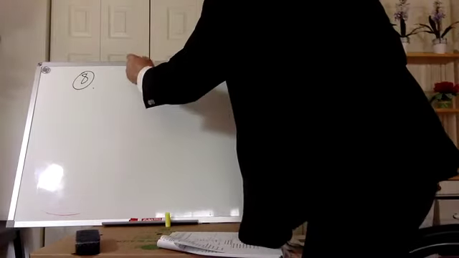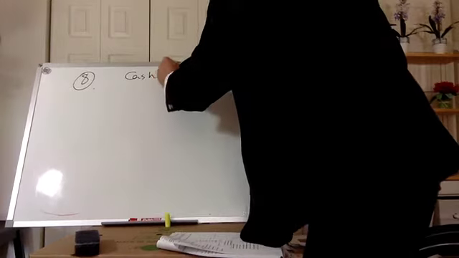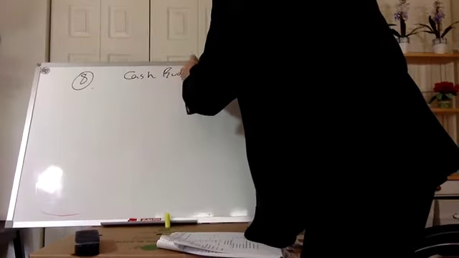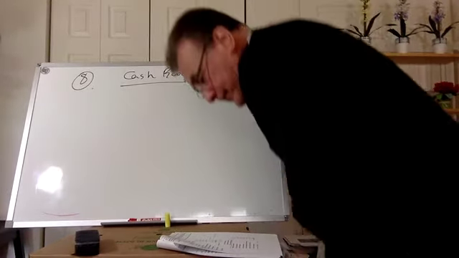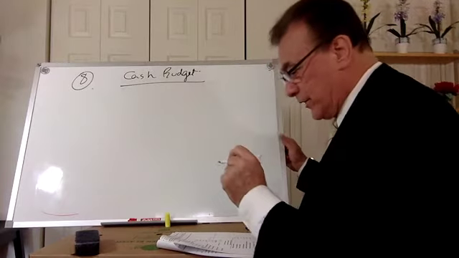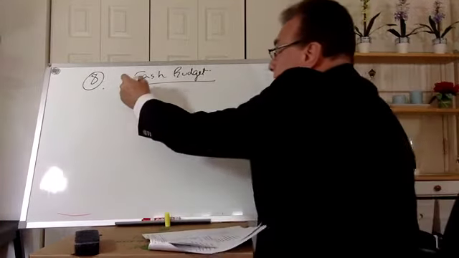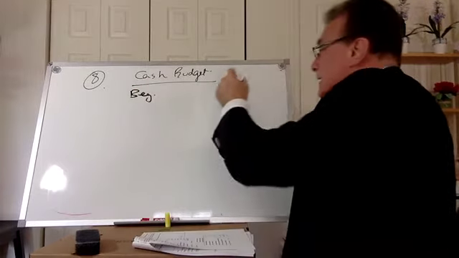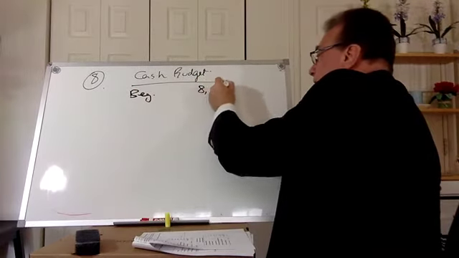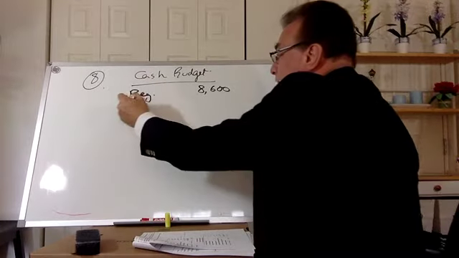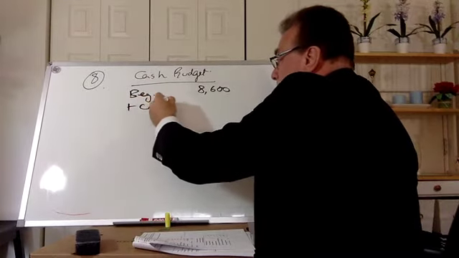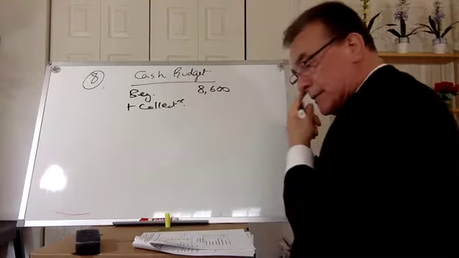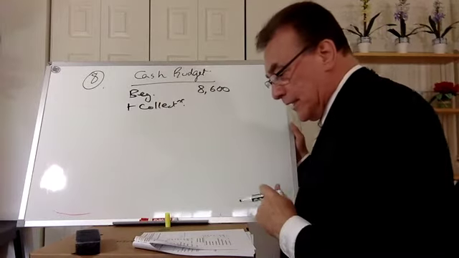All right. So cash budget. Okay. We start off with the beginning cash balance. So we'll just put beginning, and that's going to be $8,600. They tell us that in the information. Add the collections, which you get from a collection budget if you were doing it for the business.